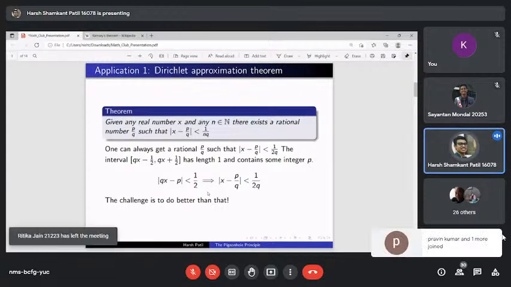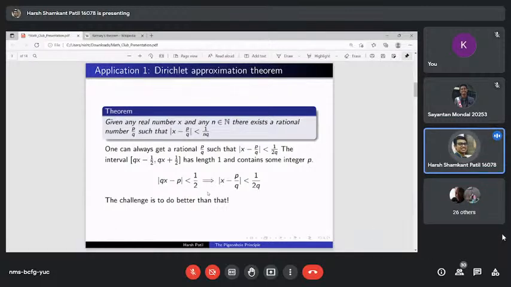Let us first see why this is interesting. We can always get a rational number p by q such that the error is 1 upon 2q. How do we do that? Look at the closed interval from qx minus half to qx plus half.